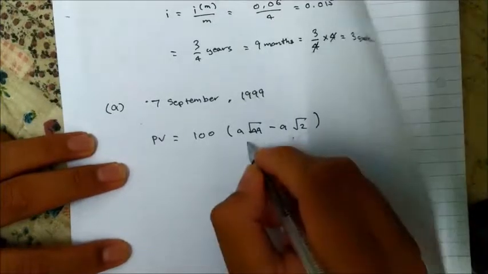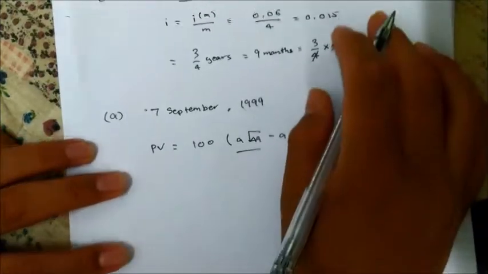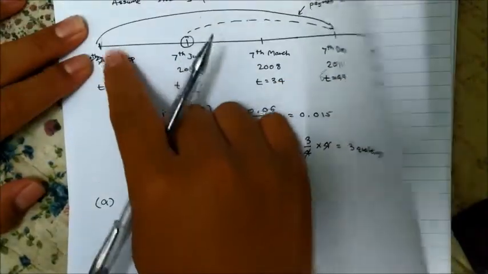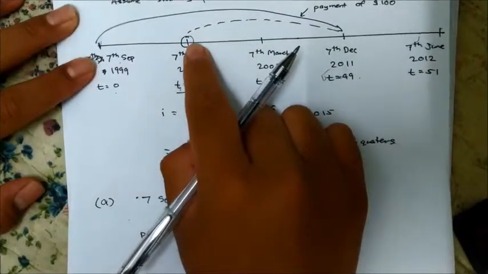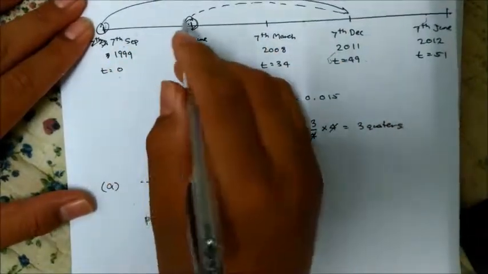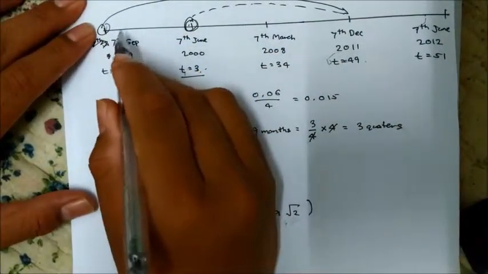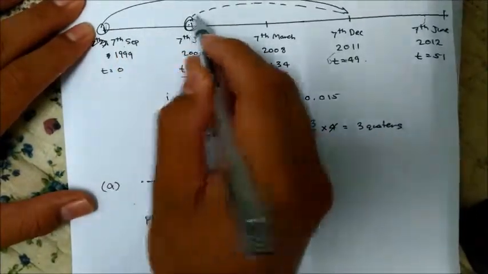This is because after we calculated the whole range of payments from T0 to T49, since we extended our timeline, we need to deduct the present value that we actually added before.